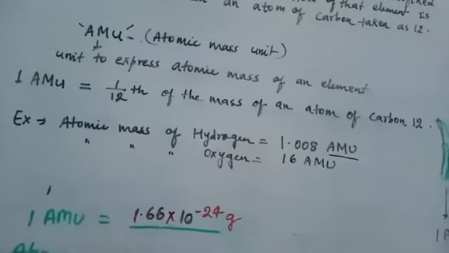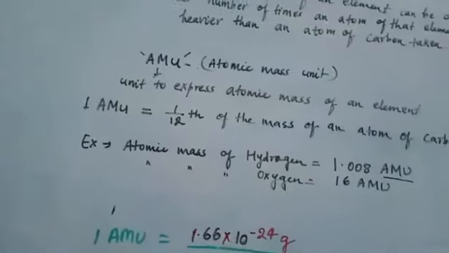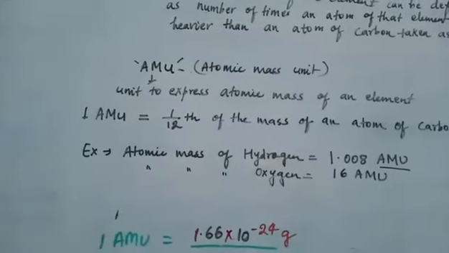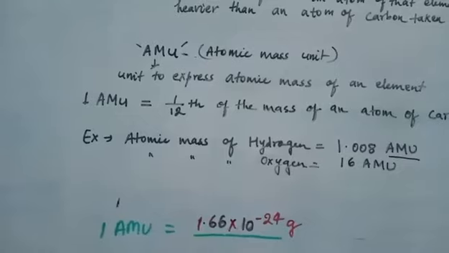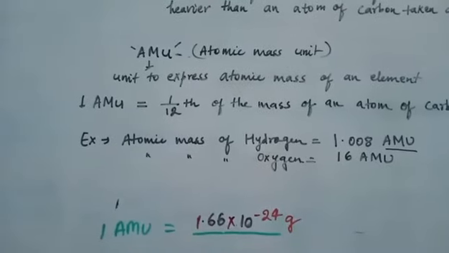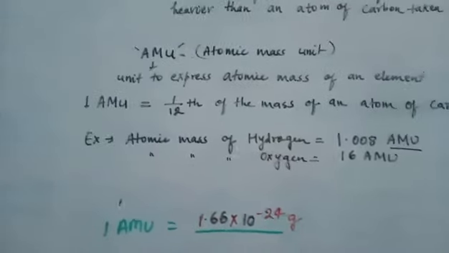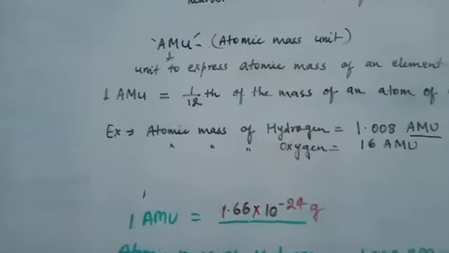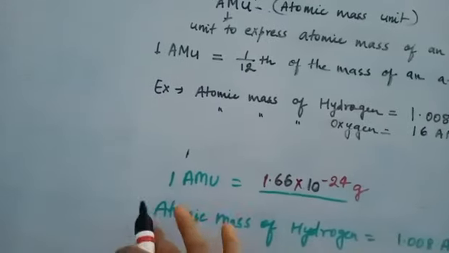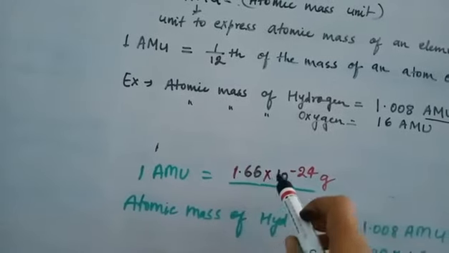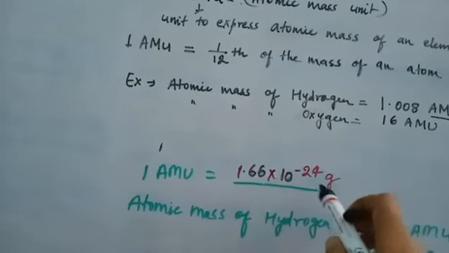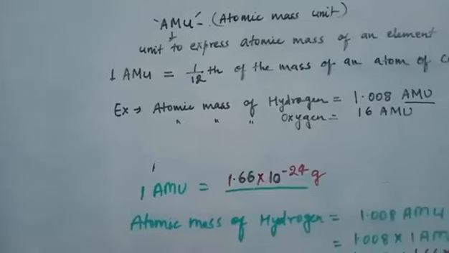You should also know the value of AMU in gram. We cannot weigh in gram, but you should know what the value of AMU is in gram. AMU is a very, very small unit. The value of 1 AMU is about 1.66 times 10 to the power minus 24 gram.